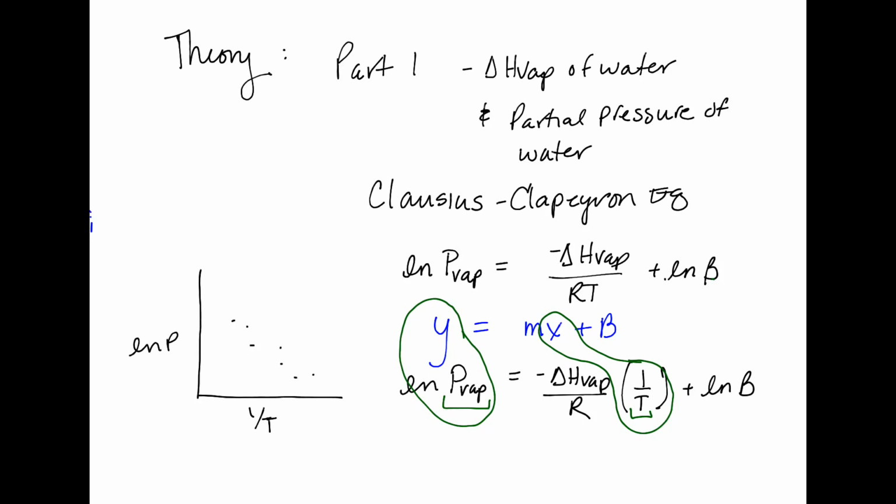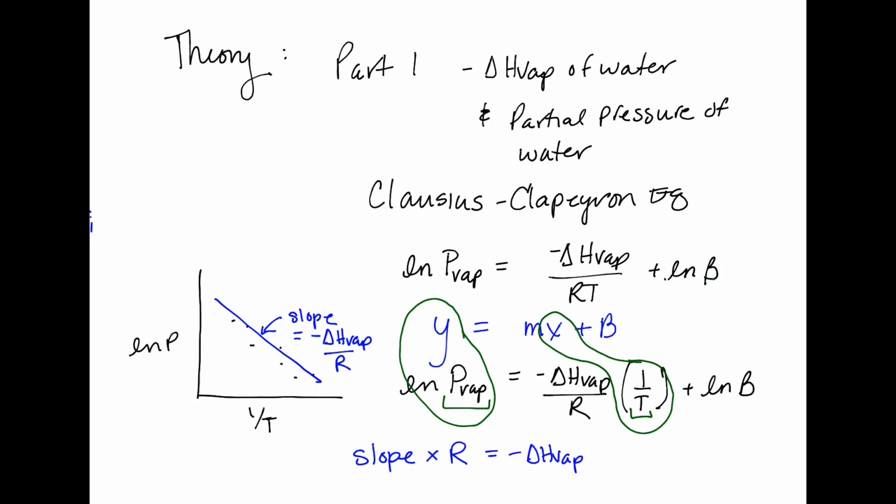And if we drew a best fit line through that data, the slope, which is m, would equal the negative delta H of vaporization divided by R. So if we make that graph and we plot that line and we find the slope, we would multiply it by R, and that would give us the negative delta H of vaporization.